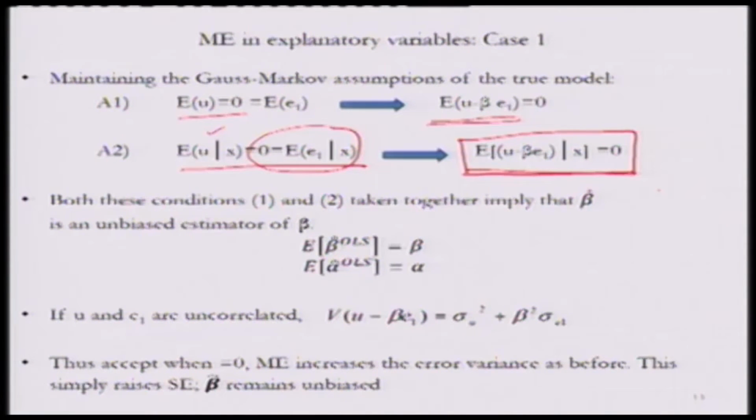So, to summarize, both these conditions 1 and 2 taken together imply that beta hat is an unbiased estimate of beta, and then the first assumption also implies that alpha hat is an unbiased estimate of alpha.